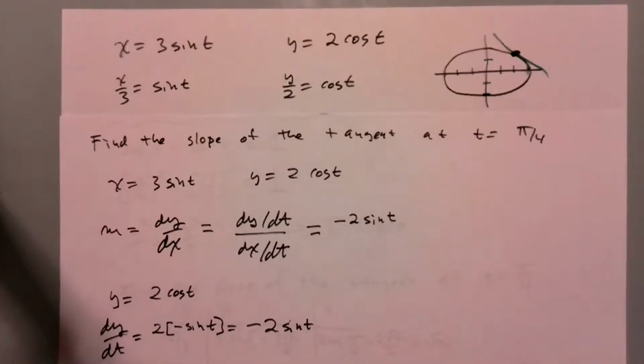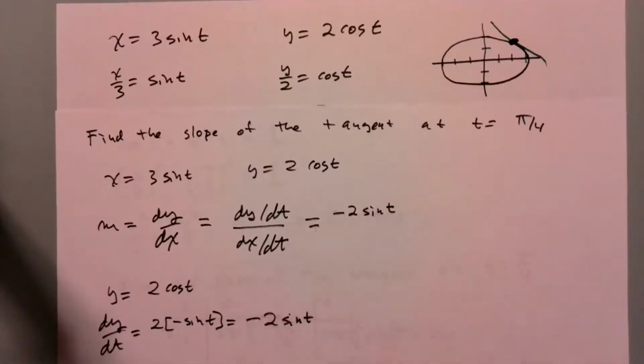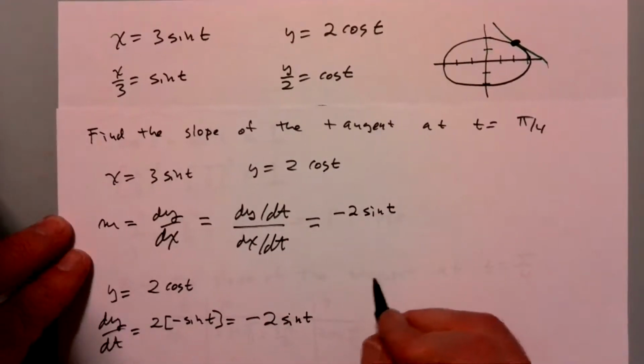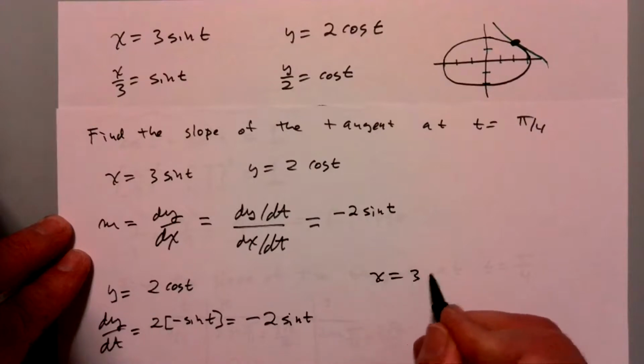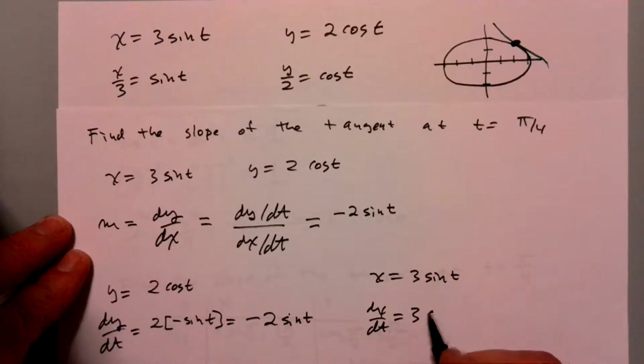I've also got to do this for dx dt. Can I do this for dx dt? Let's see what we get. So I've got x is 3 sine t. So dx dt, the derivative of x with respect to t, is 3 times the derivative of sine t, which is cos t.